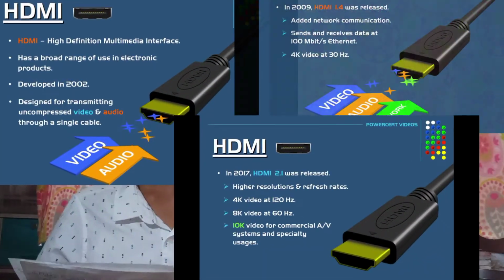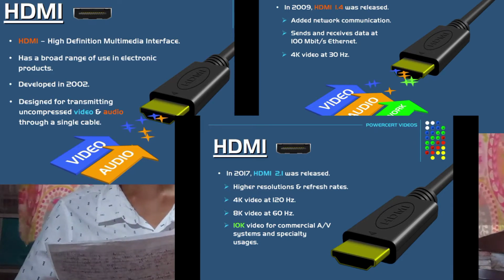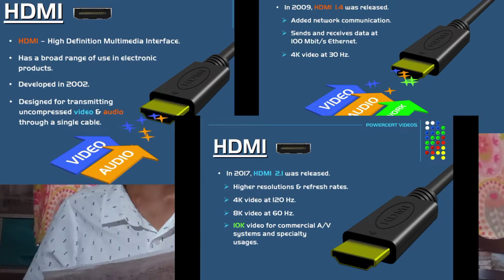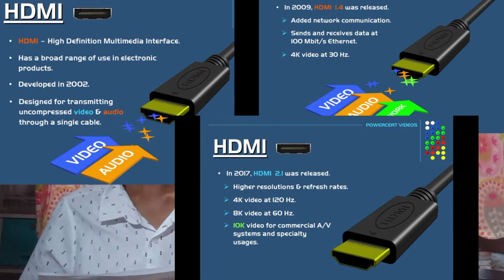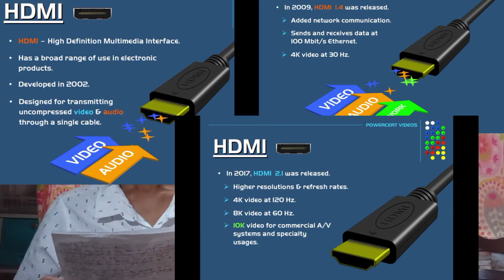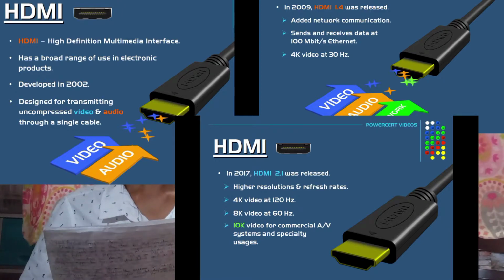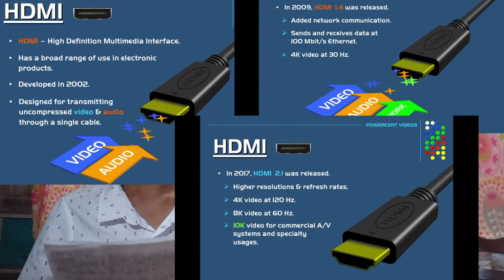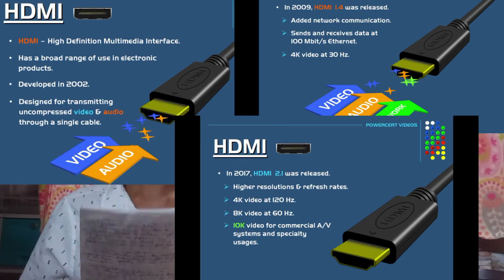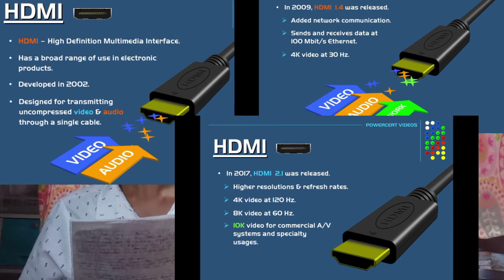Next is the HDMI. It has a broad range of use in electronic products such as TVs, computers, and etc. Developed in 2002, designed for transmitting uncompressed video and audio through a single cable. In 2009, HDMI 1.4 was released. Added network communication, send and receive data at 100 Mbps Ethernet.